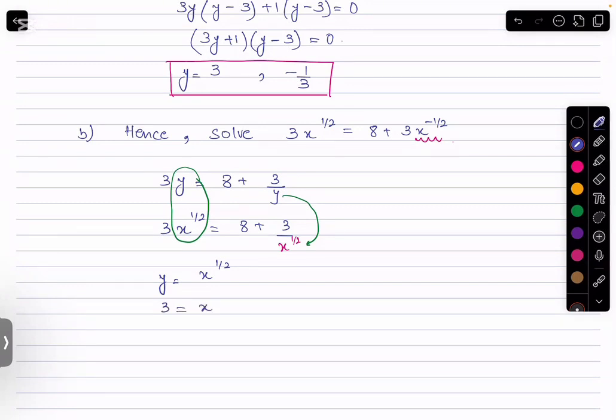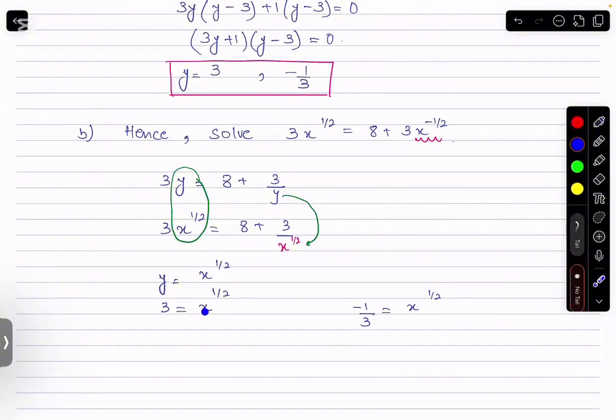Right? So I can say that this is 3 is equals to x to the power 1 by 2, or for the next case, I can say it's minus 1 by 3, which is equals to x to the power 1 by 2. So now can you tell me what I can get for the value of x from 3 is equals to x to the power 1 by 2? See, यहाँ पे case थोड़ा सा opposite हो गया है.